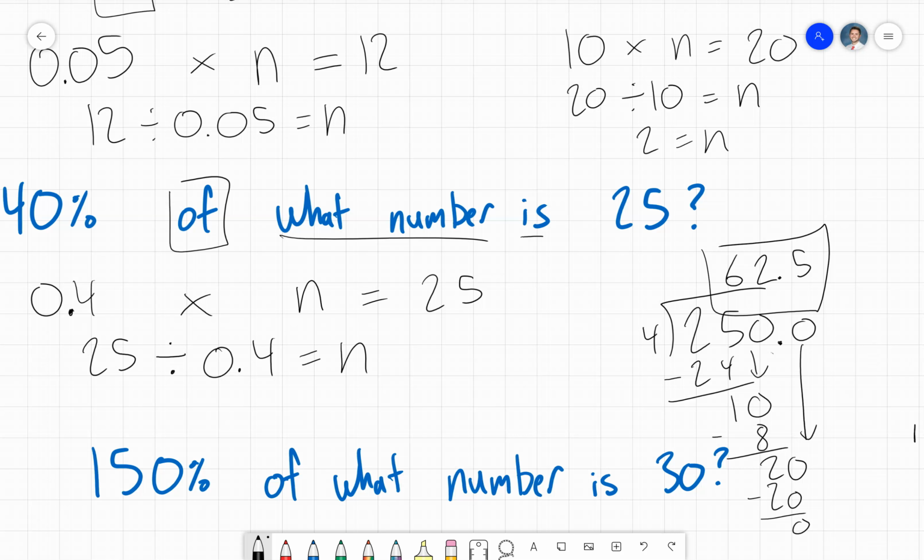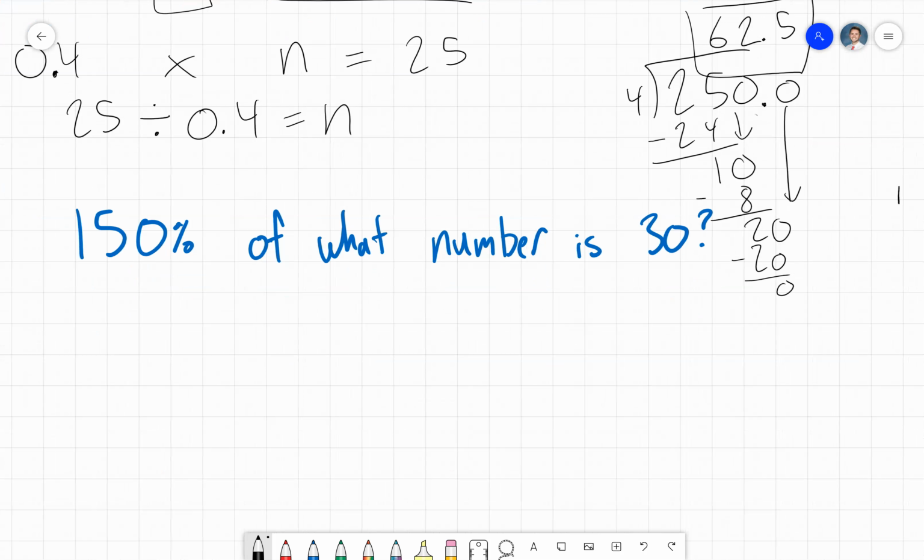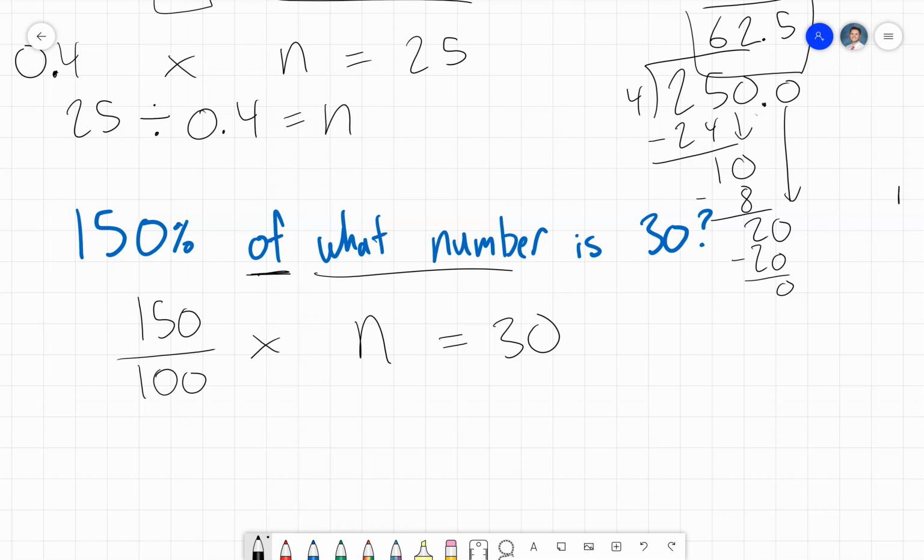Okay, now as a reminder, we can also do this with a fraction. So if you wanted to, instead of turning your percent into a decimal, you could turn it into a fraction. So let's try that here. 150% of what number is 30? So we have 150%, which we'll write for now as an improper fraction. "Of" is multiplication. "What number" would be n, equals 30.